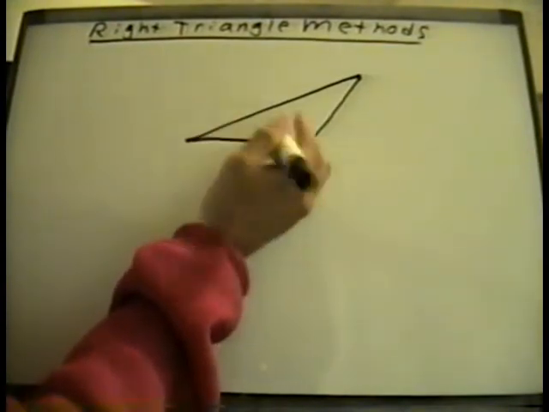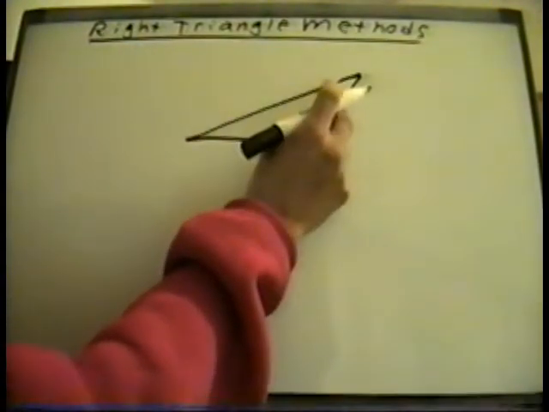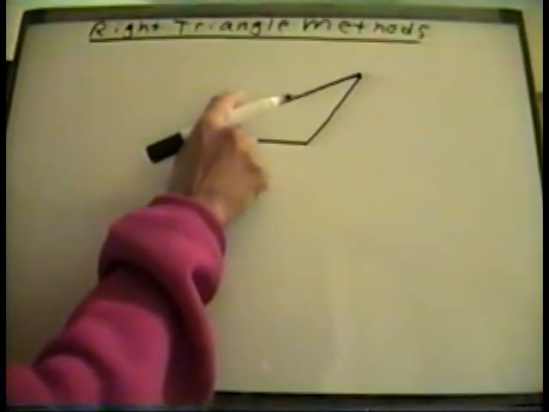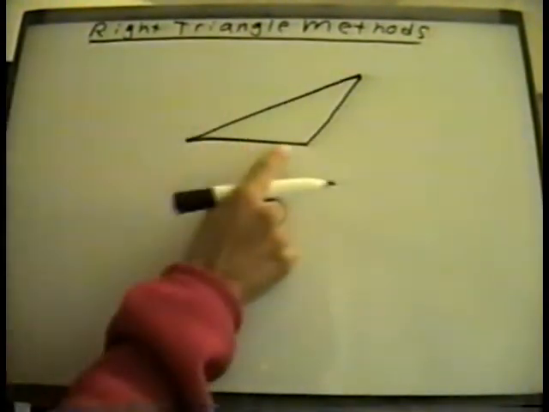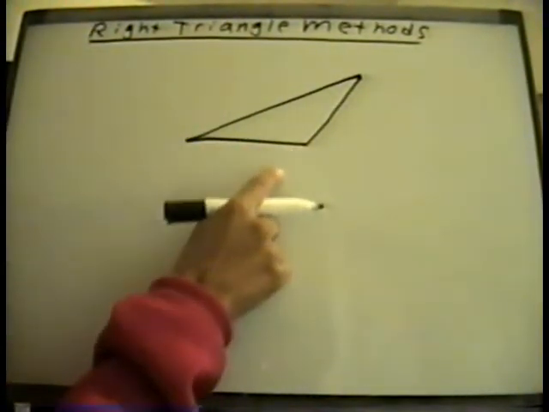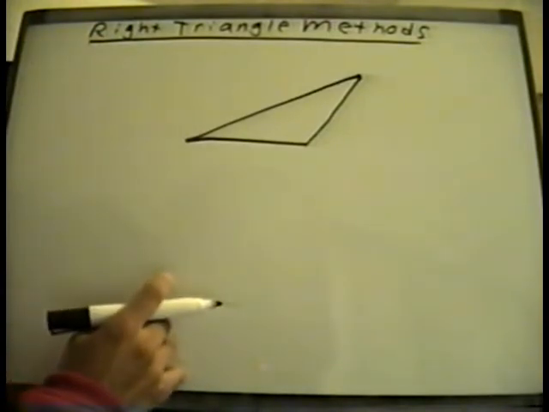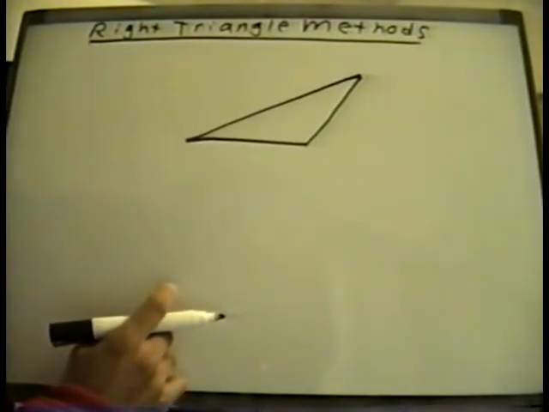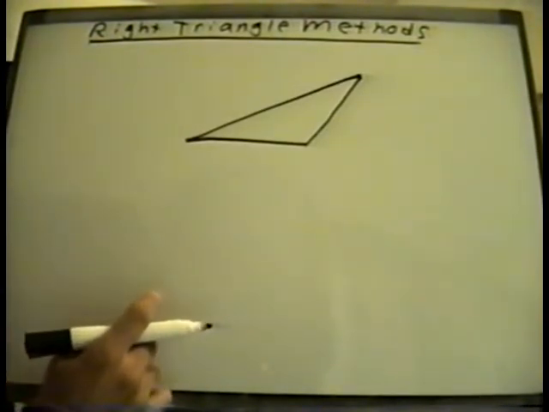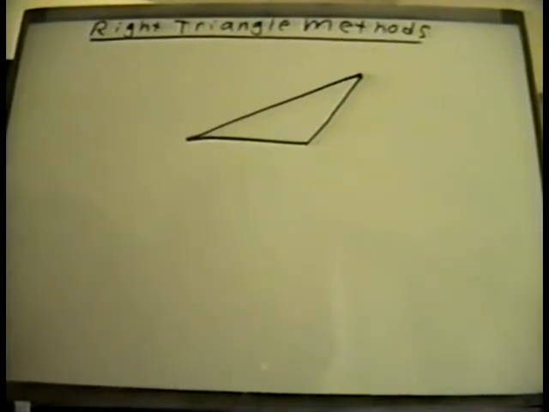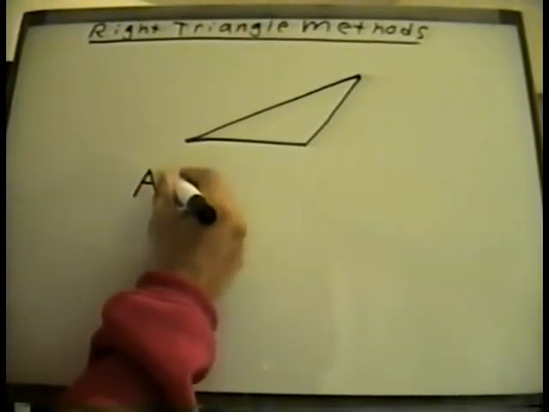Okay, now how do we do this? Okay, if we want to find, let's say we want to find the length of one of these sides, and we don't know the other, or we want to find the area. Let's say we want to calculate the area.